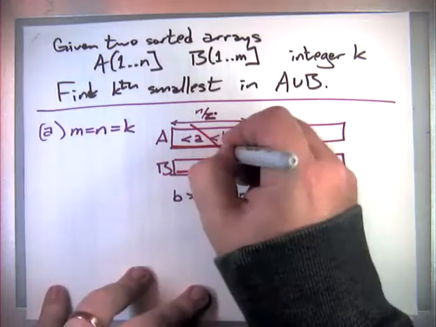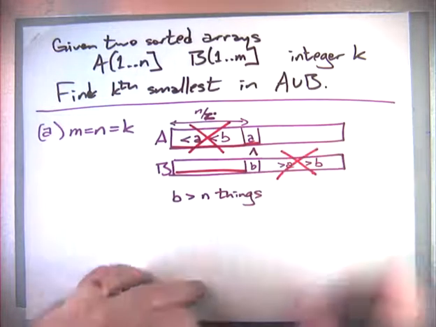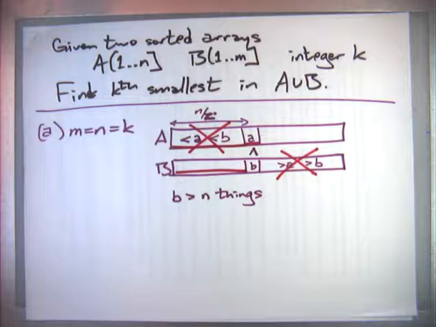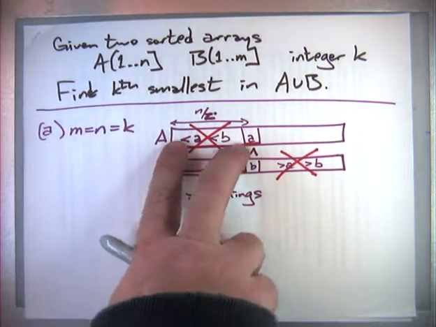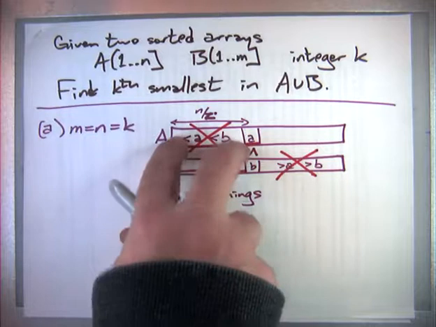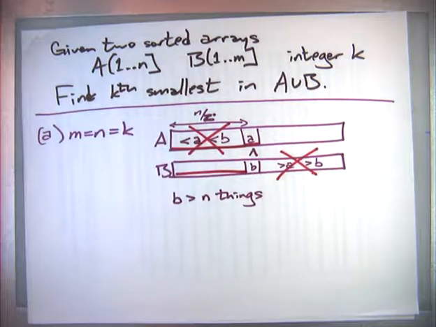So I can just throw out the bottom half of A and the top half of B, and now I'm left with 2 arrays, each of size n over 2. And notice that I threw out n over 2 things. I used to be looking for the nth smallest. Now I'm looking for the item of rank n over 2 in what's left.